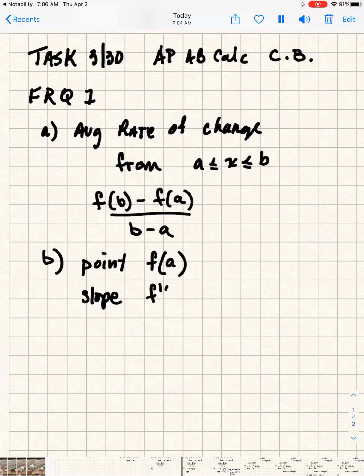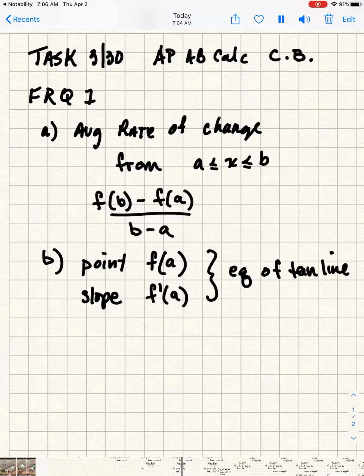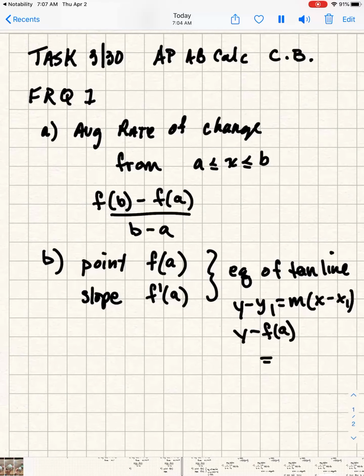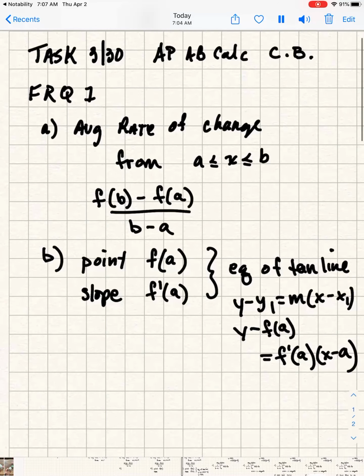Now you're going to do f prime of whatever value you're looking for. So this is to find the equation of the tangent line. And just remember point slope, y minus y1 equals m times x minus x1. Or in this notation, you could even write it y minus f of a equal to f prime of a, and then it'll be x minus a. So whatever one you want to use, that should help out for that.